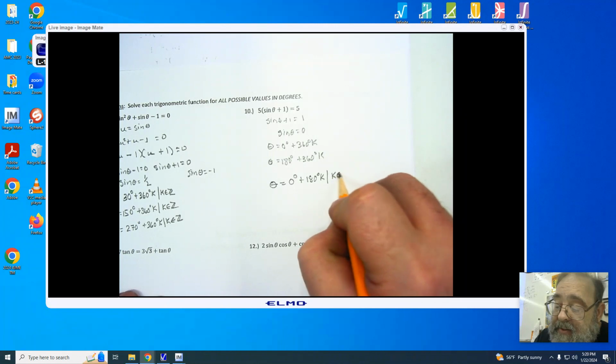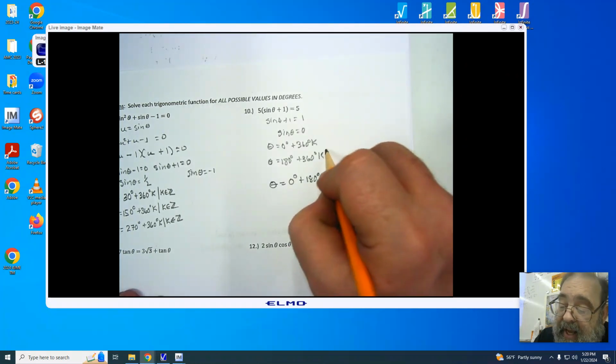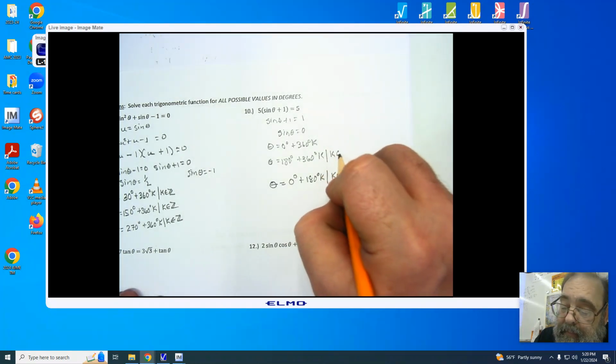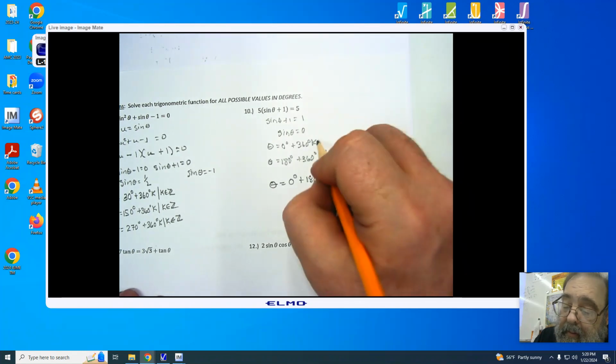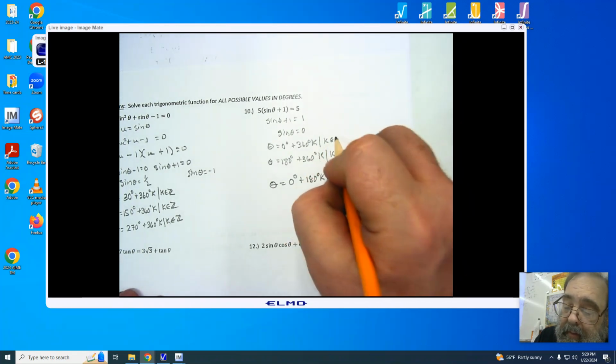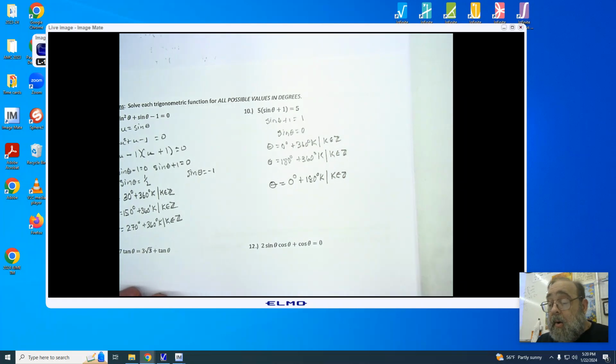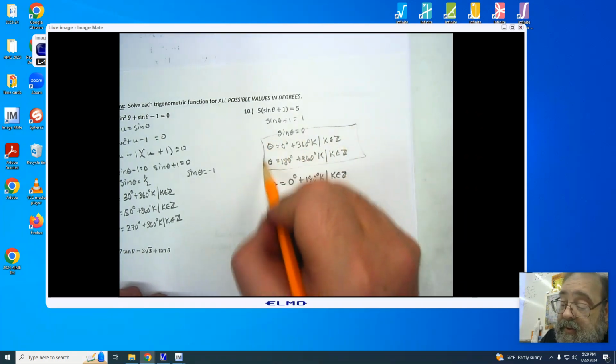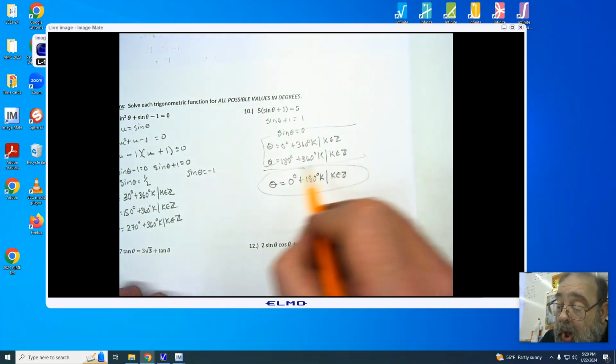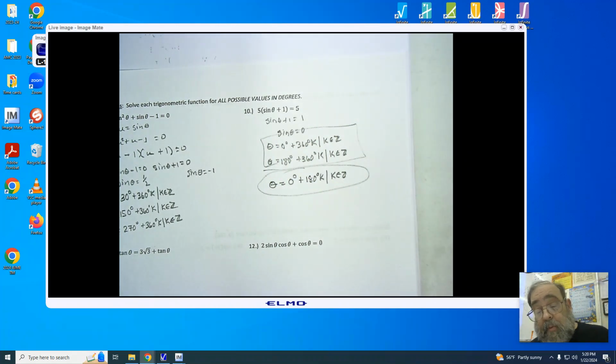And this is where k is an element of the integer set. Now, here are my two solutions, and here is all of the solutions using a single formula.